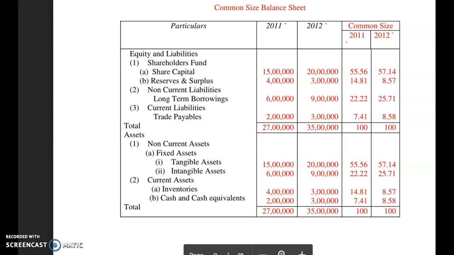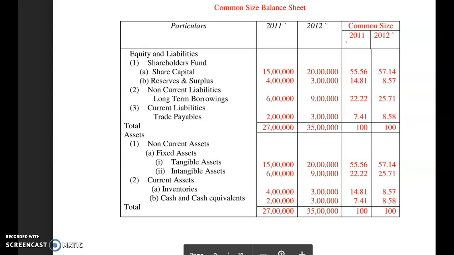That will amount to 57.14. For reserve and surplus 3 lakh, very simply 100 divided by 35 lakh into 3 lakh, that gives you 8.57. Likewise, for all other items, that is long-term borrowings and trade payables, we will calculate in terms of the percentage. When you add all these individual figures, you would find the total is equivalent to 100.